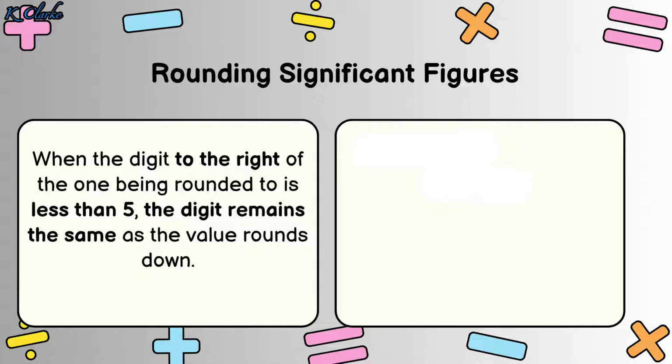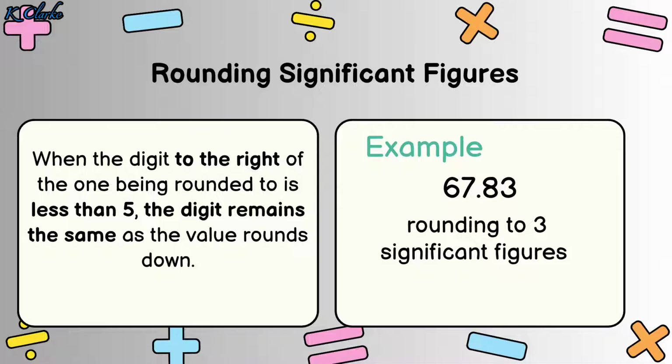When the digit to the right of the one being rounded to is less than 5, the digit remains the same as the value rounds down. For example, 67.83 rounding to 3 significant figures, which is 1 decimal place. 6 is the first significant figure, 7 is the second, and 8 is the third. 3 is to the right of the numeral 8.